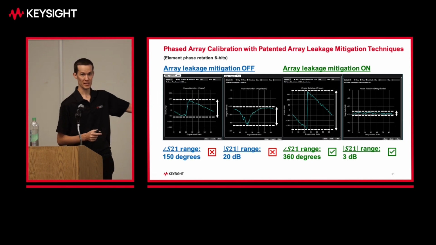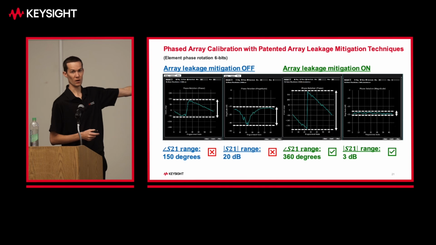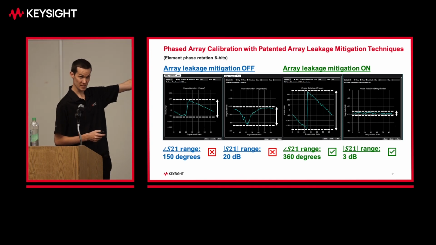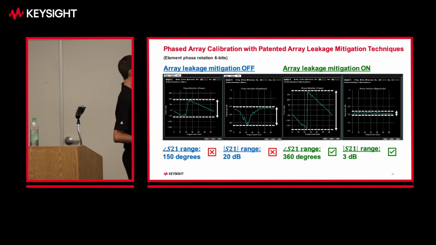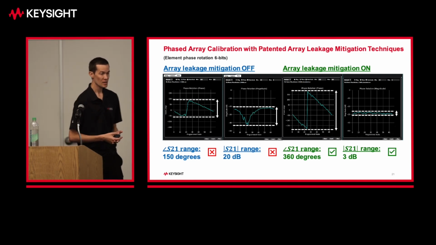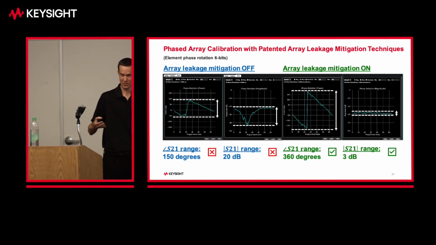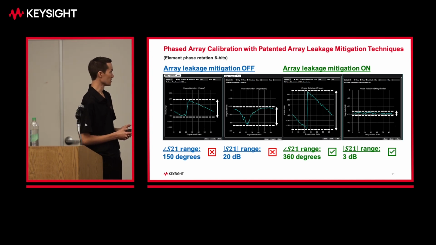This is what we call a phase rotation. So I'm looking at one element channel and I'm iterating through all 64 states in this case, because we have a 6-bit phase shifter. And what you see in the far left here is we only have 150 degrees of measured phase variation as we iterate through all of those phase DAC values. But this is supposed to be a 0 to 360 degree phase shifter, so we don't expect that result.